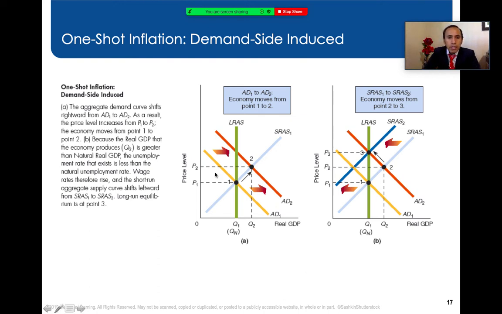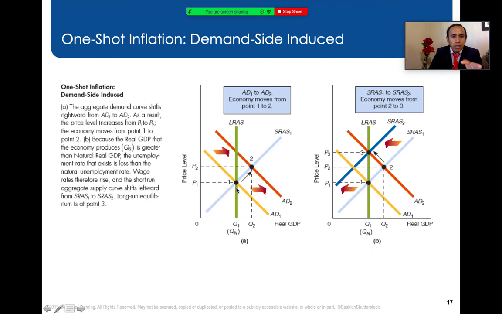So in Model A, we have the demand inflation. Here we have aggregate supply in the long run, the short run aggregate supply, aggregate demand, the yellow curve. We start in equilibrium 1, price 1, quantity of output Q1, the level of GDP, Qn.